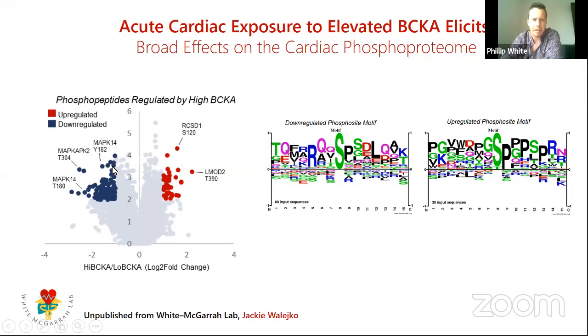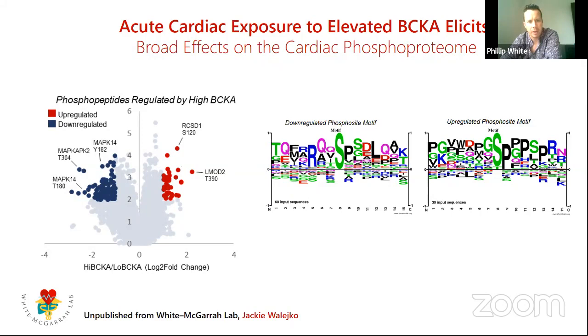Looking within these data for specific pathways of interest, what we identified was that within the downregulated phosphosites, the regulatory phosphosite for the p38 MAP kinase, tyrosine 182 and threonine 180, was one of the most modulated sites.